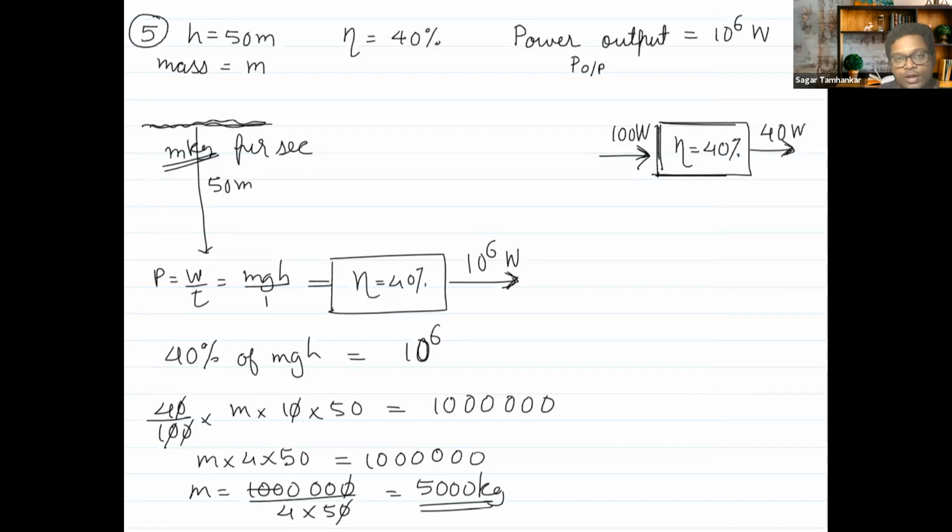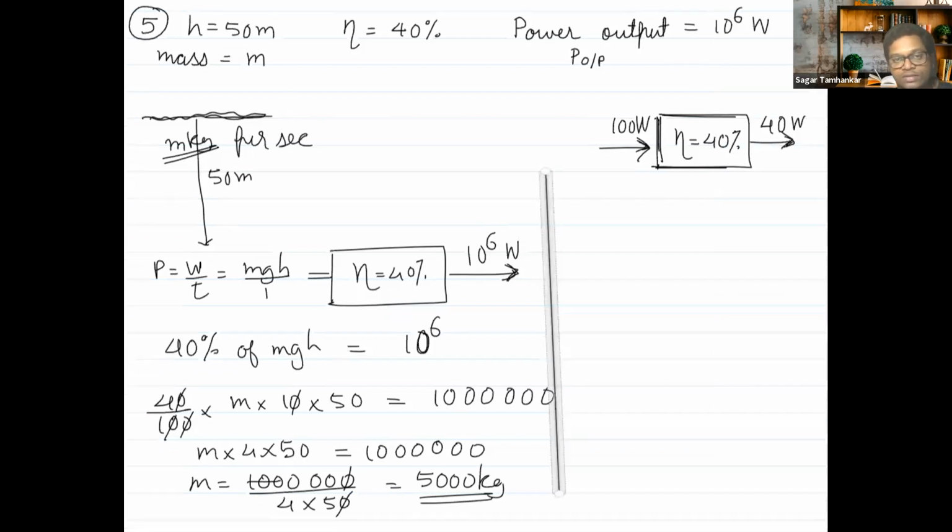Now I'm going to do it in a different way. We know the formula, we have studied in the previous exercise also, that efficiency is power output upon power input. Now over here we know that efficiency is 40% and the power output is 10 to the power 6.